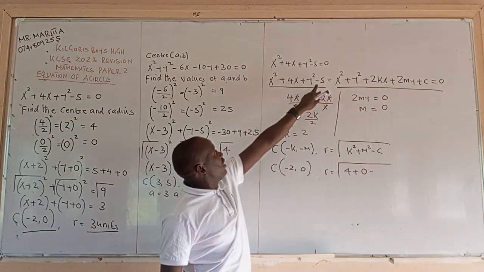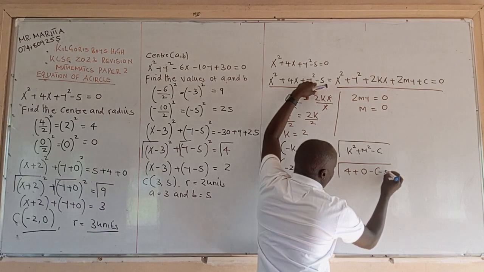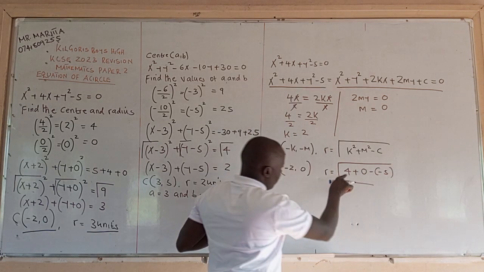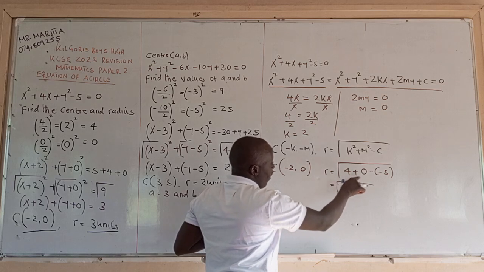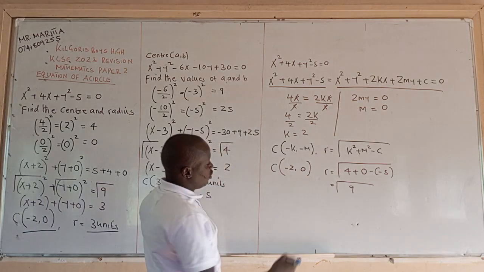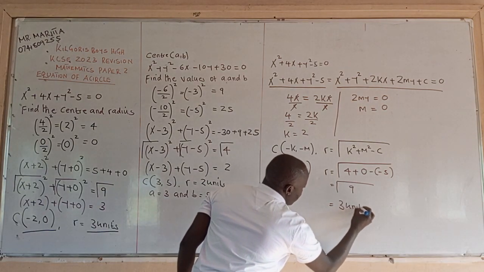The constant in this case is negative 5, so you subtract negative 5. This gives us the square root of 0 plus 4 plus 5, which gives us 9. And the square root of 9 gives us 3 units.